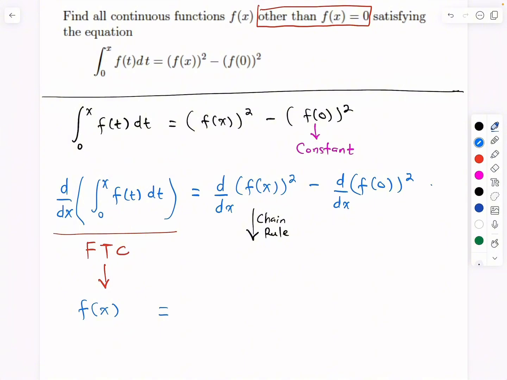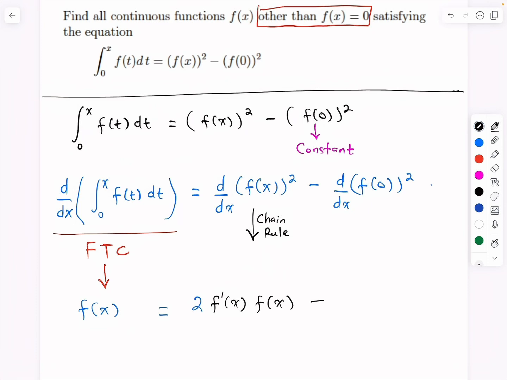We need to bring down the 2, and then differentiate what is inside the parentheses. If I differentiate f of x, I get f prime of x. Then I subtract 1 from 2, which gives 1, so I have f of x left.